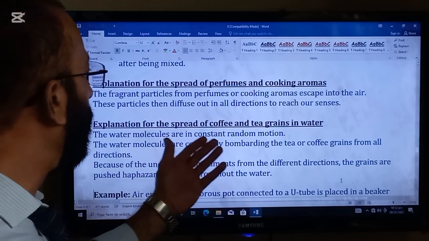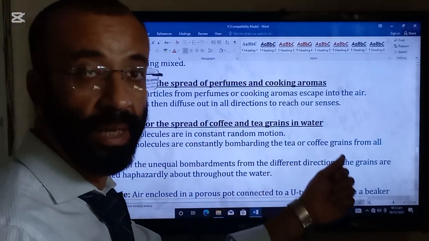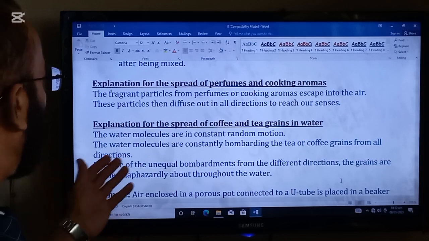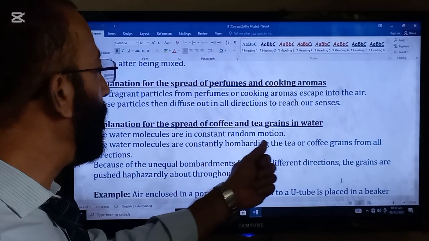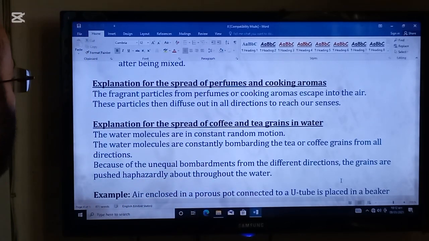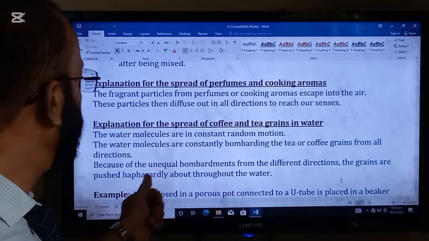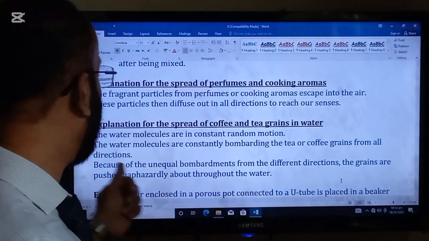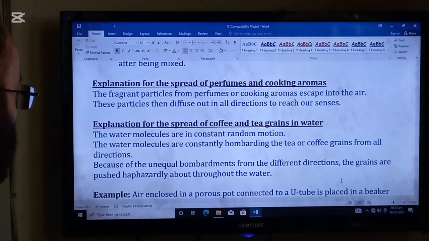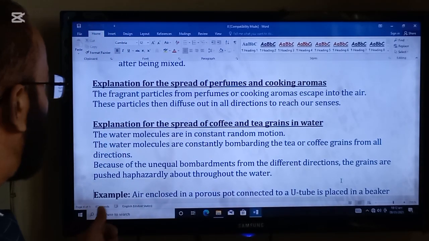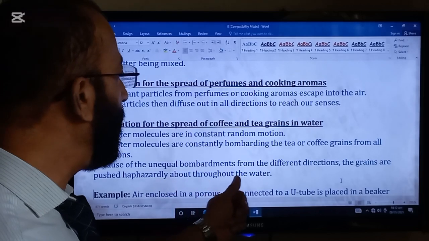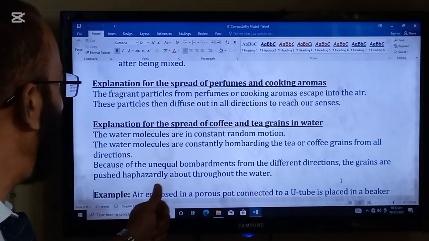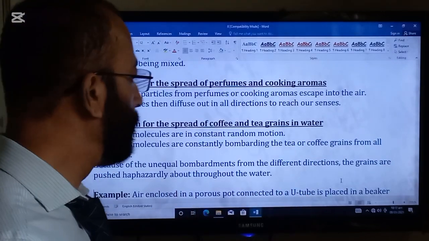Explanation for the spread of coffee and tea grains in water. The water molecules are in constant random motion. Water molecules are constantly bombarding the tea or coffee grains from all directions. Because of the unequal bombardment from different directions, the grains are pushed haphazardly about throughout the water.